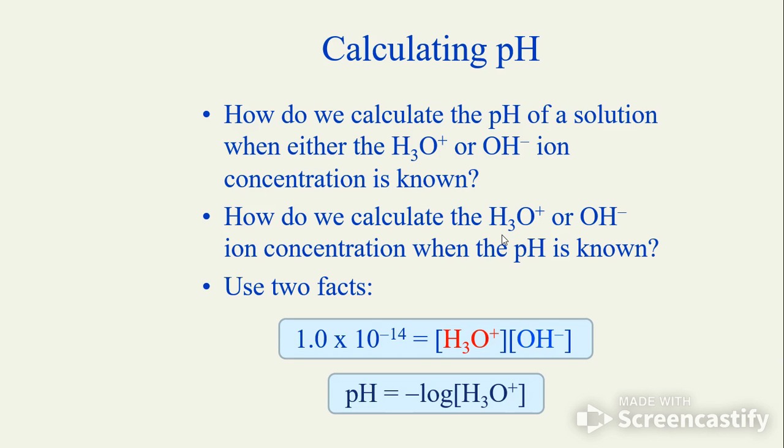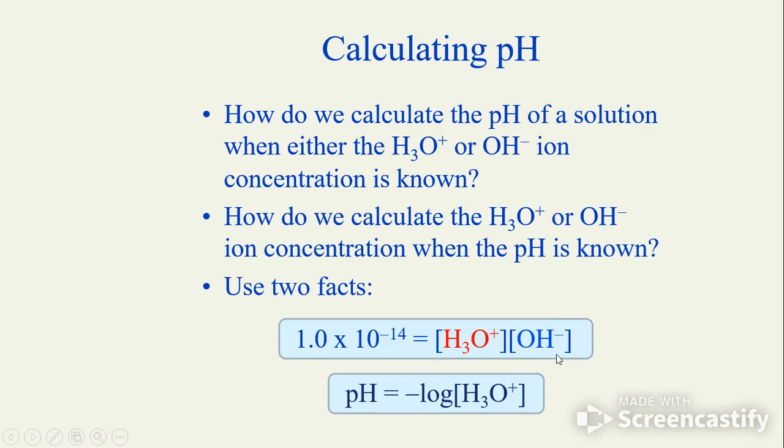So how do we calculate pH? If the hydroxide ion concentration, or OH, of a solution is known, how do you calculate pH? And if we know the pH, how do we calculate the hydroxide or hydronium ion concentration?